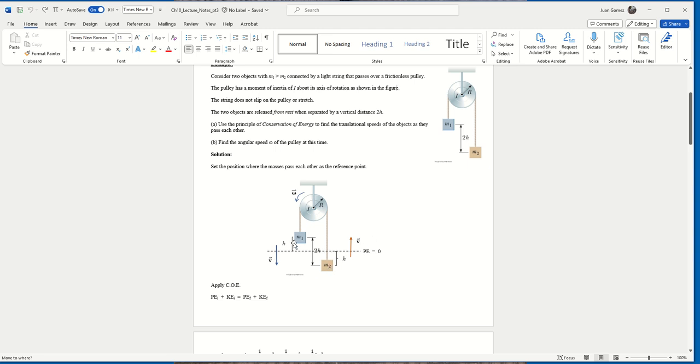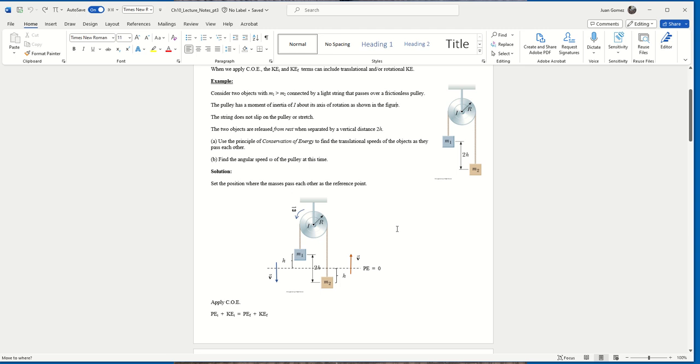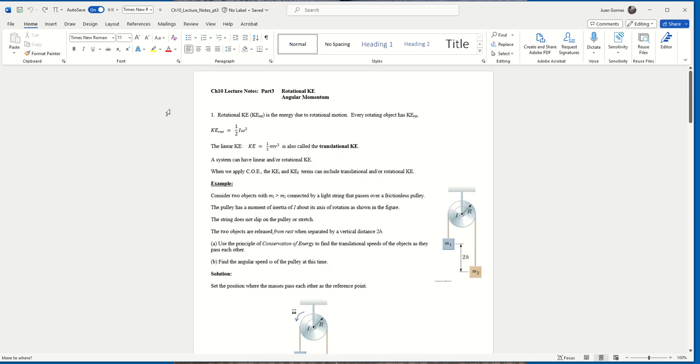Those are the respective kinetic energies of M1 and M2. When they're released, the pulley is going to rotate with some angular speed omega, as shown here. And so the pulley is going to have a rotational kinetic energy, 1/2 I omega squared.